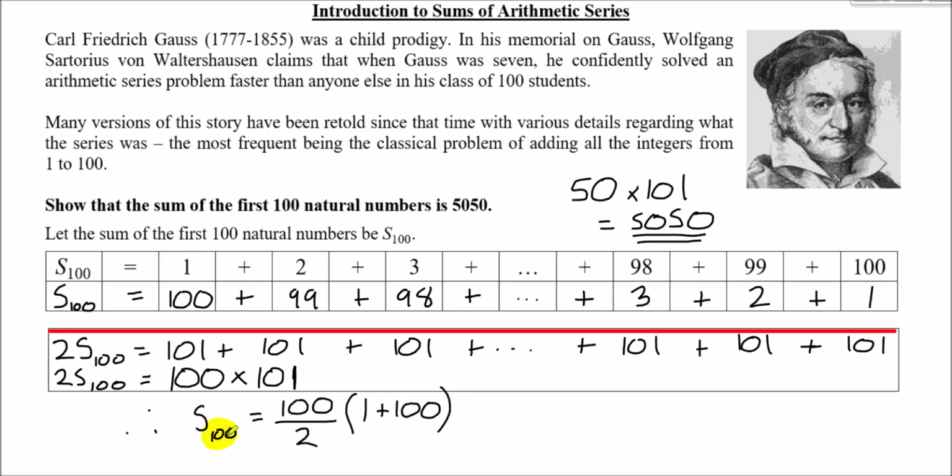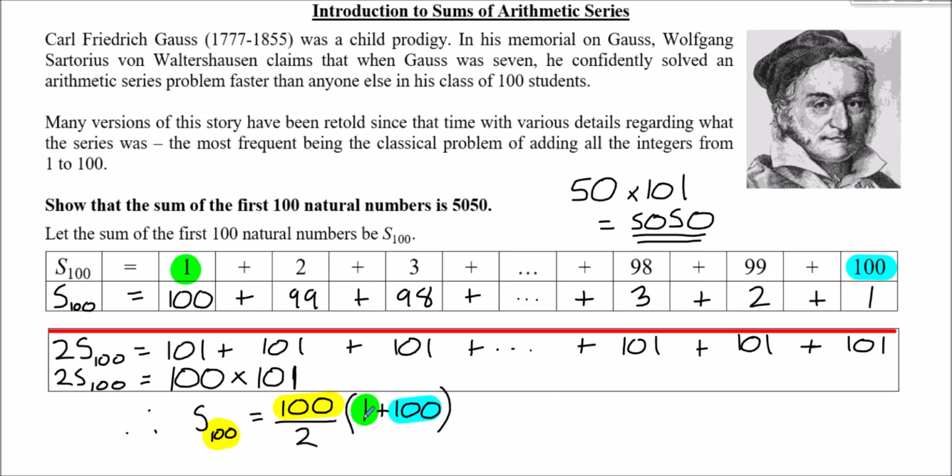So if we're summing n numbers, it's this number here divided by 2, so it's going to be n over 2. The 1 is the first term, and think of 100 as being the last term.